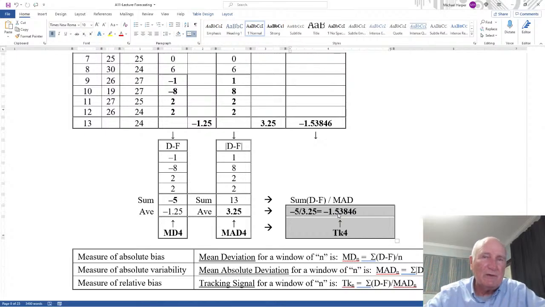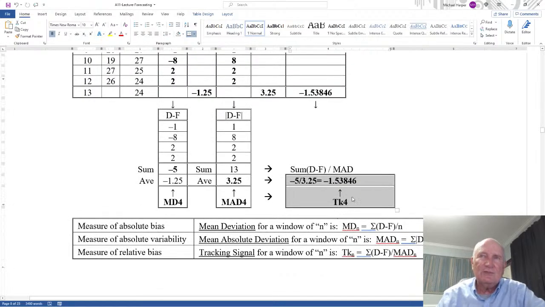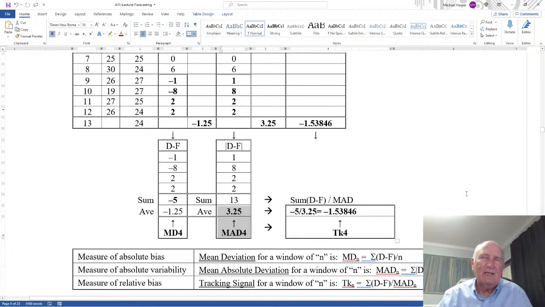Less than 1 would be better. 0 is perfect, but a magnitude of 1.5, that's not bad. So that's how you interpret this. The tracking signal will tell you if that bias is significant. The mean deviation tells you what the bias is, and the MAD tells you how much risk or variability there is in the forecast. So these three illustrate how to use forecast accuracy measures in communication and business.